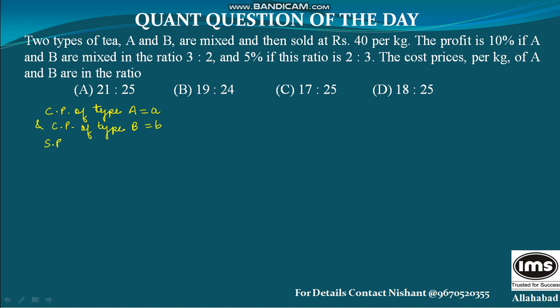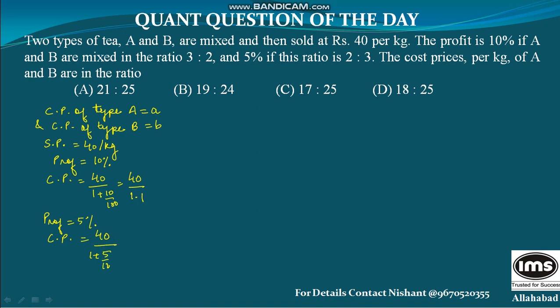If the selling price is 40 per kg and profit is 10%, cost price will be 40 divided by 1 plus 10 by 100, that is 40 by 1.1. Similarly, for a profit of 5%, cost price will be 40 divided by 1 plus 5 by 100, which is equal to 40 divided by 1.05. We will be needing these two values when we make alligations.